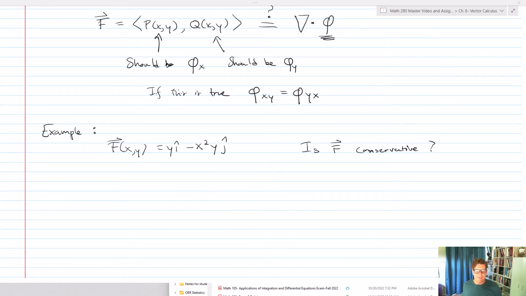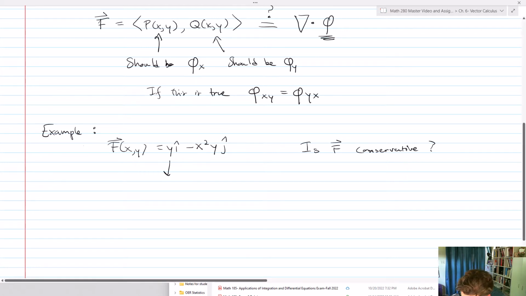So let's take an example. Let's suppose that we have F of x,y equals y i minus x squared y j. And I want to know whether or not F is actually conservative. So I'm going to say, if F is conservative, then this is going to be phi x, and this is going to be phi y.